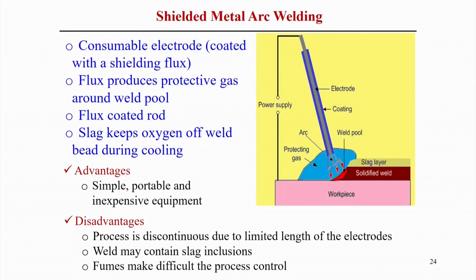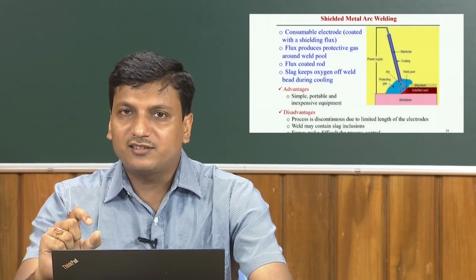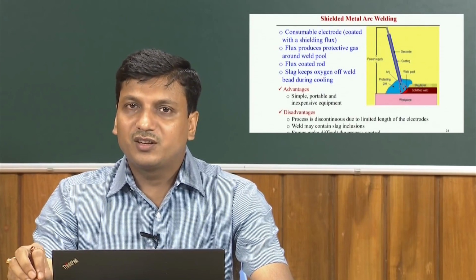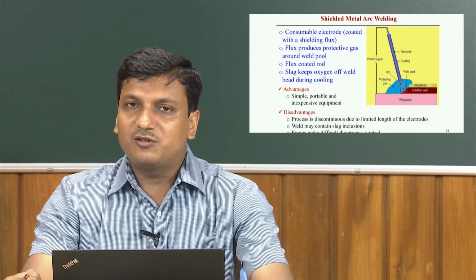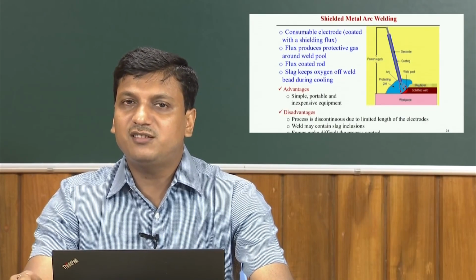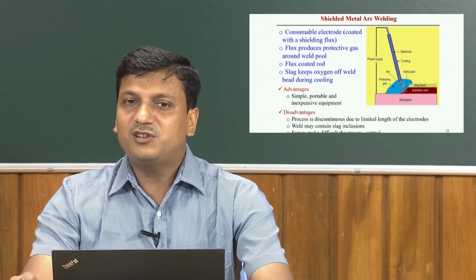Finally, it produces a slag layer, which is lighter than the molten material or the base material. That lighter material comes to the top surface and creates the slag layer.